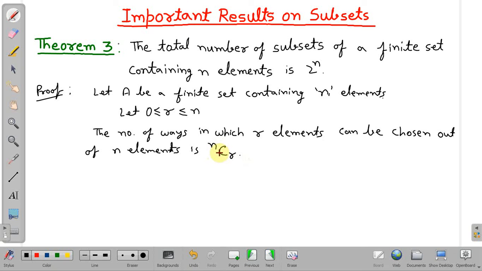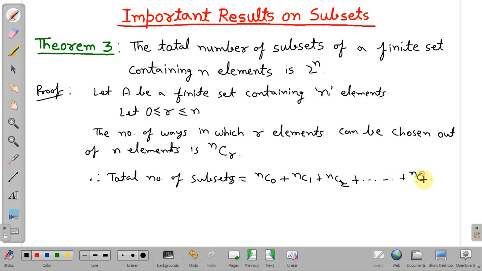So the total number of subsets will be, when r is 0, nC0, plus when r is 1, nC1, plus nC2 and so on, and r will vary up to n, so nCn. Using the binomial theorem, we can find the value of this.